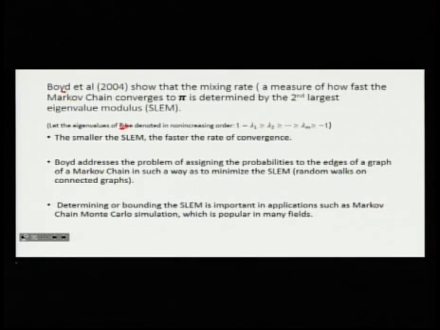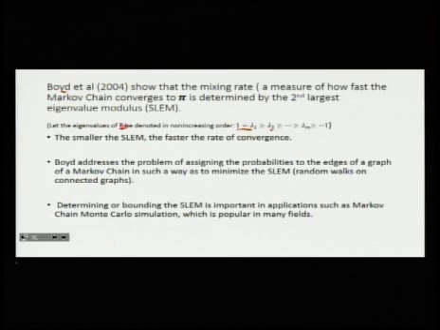Just say we ordered them in non-increasing order, and it turns out that the largest eigenvalue is going to be 1 for our matrix P. So that would be my second largest there. But basically, the smaller your second largest eigenvalue modulus, or your SLEM, the faster the rate of convergence.